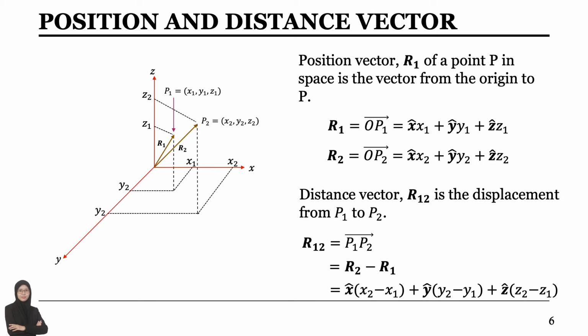The distance vector, R12, is the displacement from P1 to P2. We can calculate the distance vector by subtracting the starting point from the end point, and this is the equation for the distance vector.